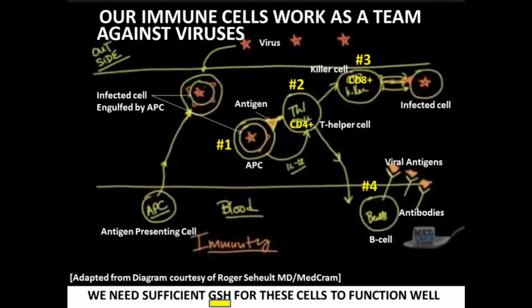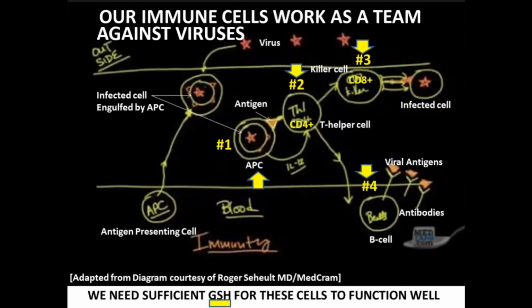Okay, so in summary, our immune cells work as a team against viruses, right? And they follow these steps to be able to perform their function properly. And glutathione is required here, here, here, here.